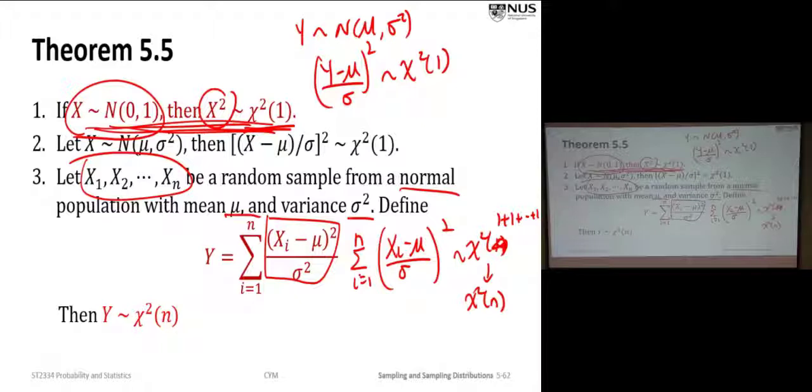Another popular asymptotic distribution: for some other random variable of the sample, when the sample size is getting bigger and bigger, it will approach a certain distribution, and that distribution is a chi-square distribution.